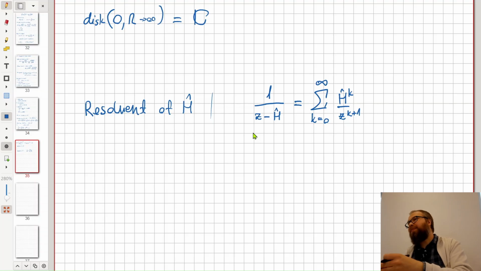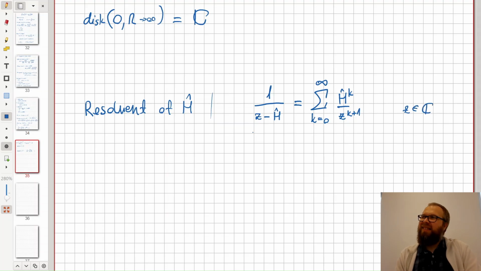I remember from complex series that you can think of this like a geometric series, and depending on how you write 1 minus h over z or z by h minus 1, you will have a different radius of convergence. So we will check this out immediately, and we see the connections with geometric series.